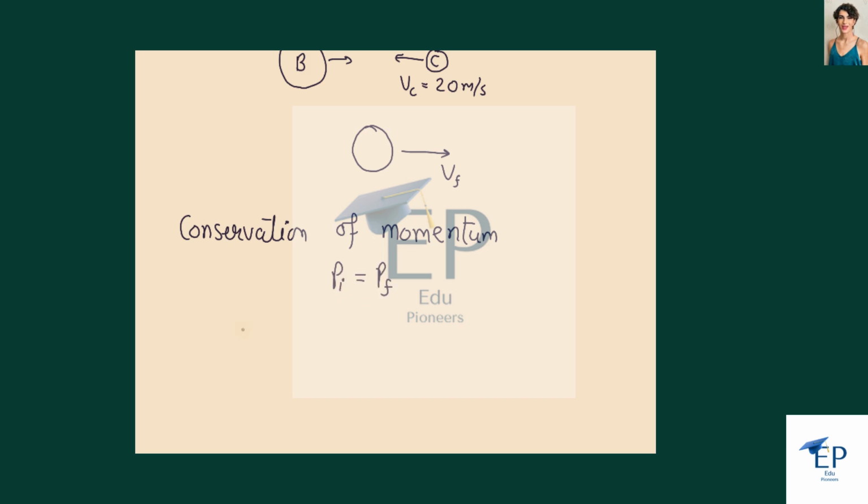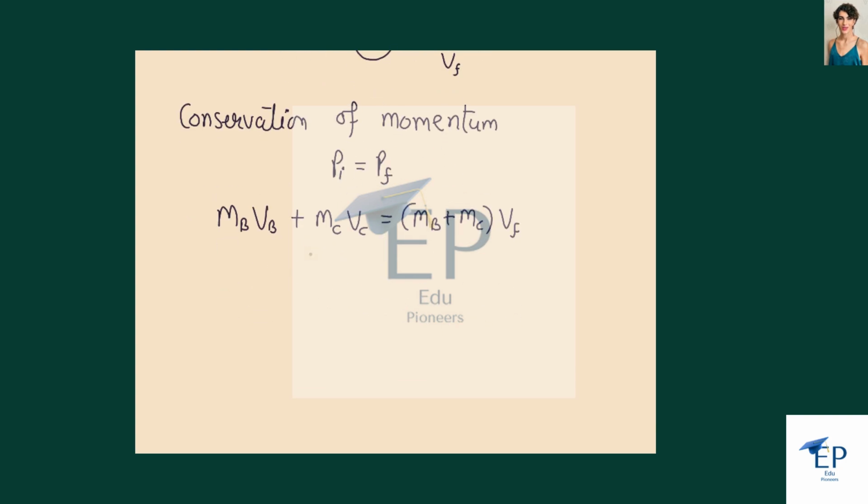The initial momentum will be the mass of the billiard ball times the initial velocity, VB, plus the mass of the chewing gum times the velocity of the chewing gum, that equals, after collision they are sticking together, so it will be MB plus MC times the velocity with which they both will move.